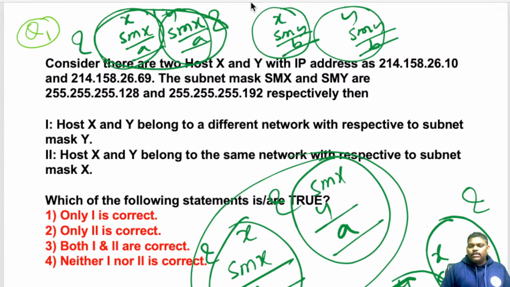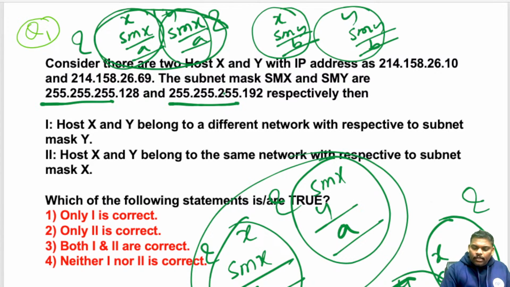So what is the answer for this? Just doing the AND operation, nothing else. While doing the AND operation, see the mask. If you see the mask bits, three octets are all 8s only. So concentrate on the last octet.